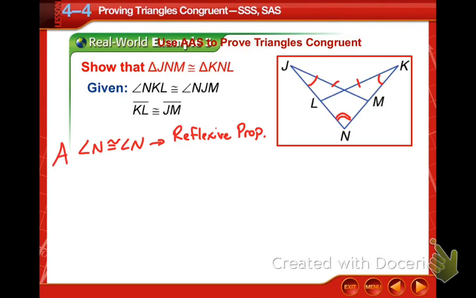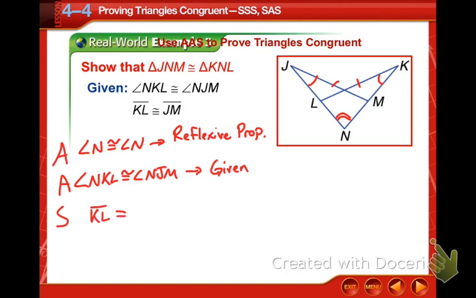The other angle is NKL and NJM. They're given to us. Angle NKL congruent to angle NJM. The reason for that is given. And then for our side, same thing.